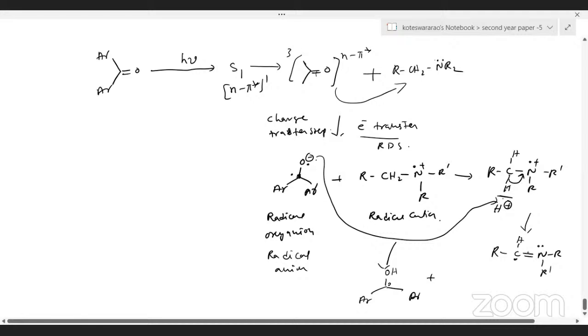Then the imine radical is generated. This imine radical has the odd electron on carbon, and the other radical is on this carbon, the tertiary carbon. Both will combine together homolytically.